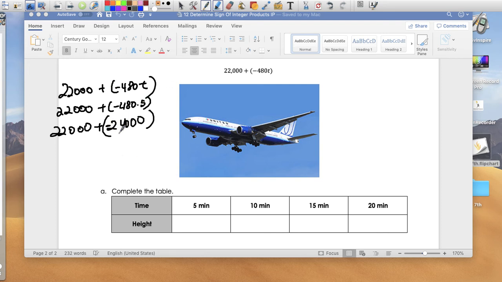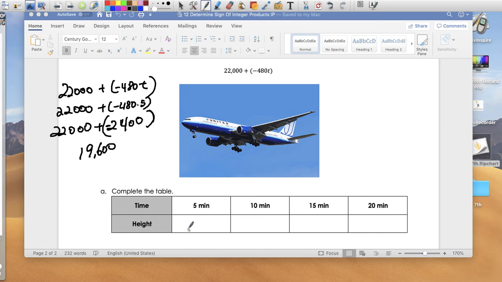So in 5 minutes, the airplane, no, not 24,000, 2,400. Oh my God, who's doing your math? So in 5 minutes, the airplane managed to descend 2,400 feet. The airplane was at 22,000 feet, so we have to subtract here. So 22,000 minus 2,400 gives you that the airplane height is 19,600.